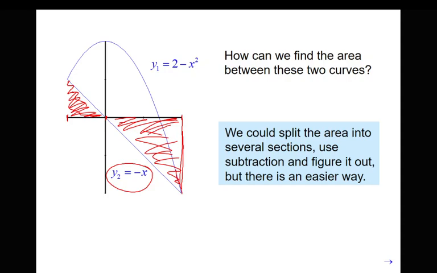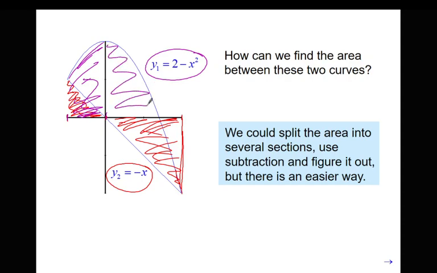Same thing here. If I do the area under the curve for this one, from here to here, it's going to give me all of this area, okay? And then it'll give me this area here, and then this area here. So basically I'd have to find the area from here to here, all of it, and then subtract out this part right here, okay?